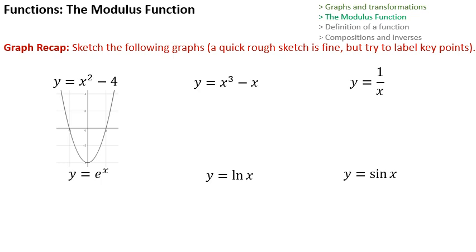Every y coordinate is 4 below where it would have been on y equals x squared. So instead of crossing at 0, 0, it crosses at 0, negative 4, for instance. To identify exactly where it crosses the x-axis, you would still need to solve the equation, but you can do that either through factorizing or just simple rearranging. Graphs cross the x-axis when y equals 0, so we set y equal to 0, we rearrange and we solve.